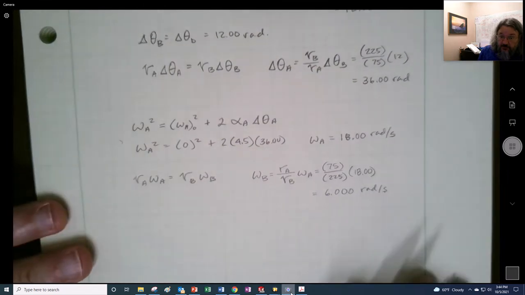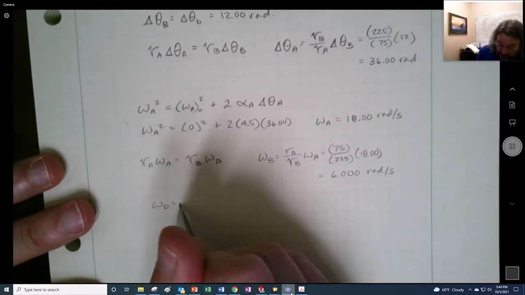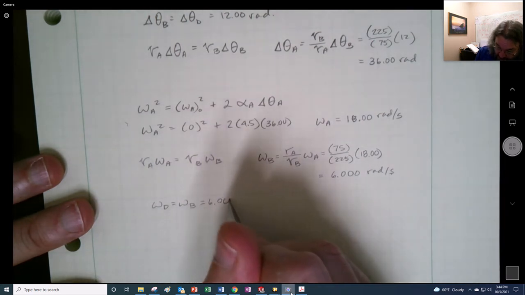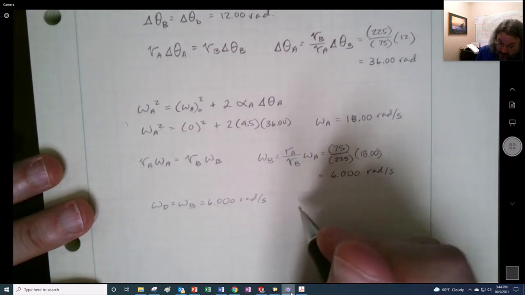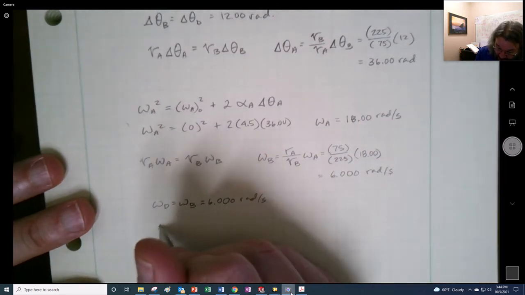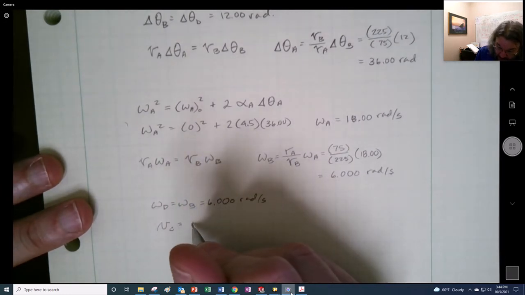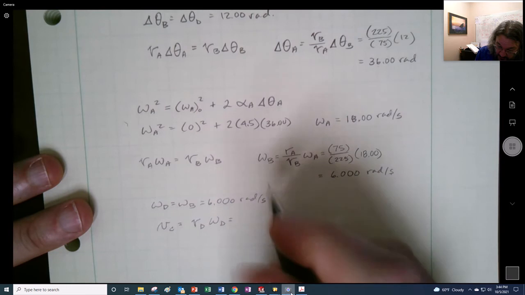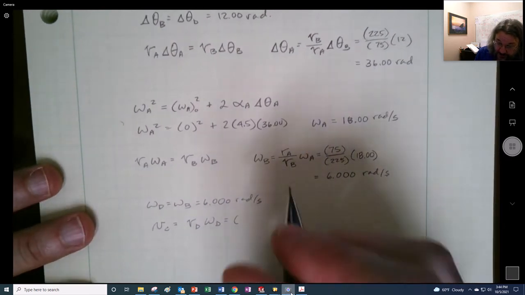Now we know that omega D is equal to omega B, which is 6 radians per second. We also know that the velocity of C is going to be equal to R_D times omega D. This time we should turn it into meters because we want things in meters per second.